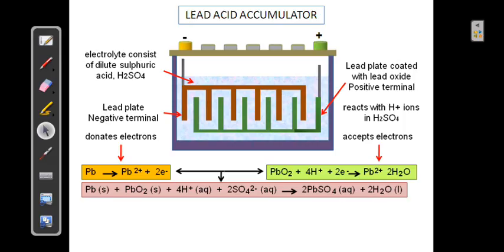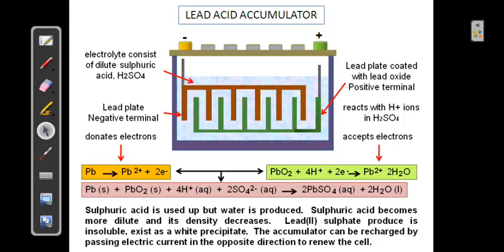So you look at the 2 plates, the green and the brown ones, the Pb and PbO2, and then plus 4 hydrogen aqueous plus 2 SO4 2 negatives in aqueous, will yield 2 PbSO4 aqueous plus 2 H2O molecules liquid. That's it.